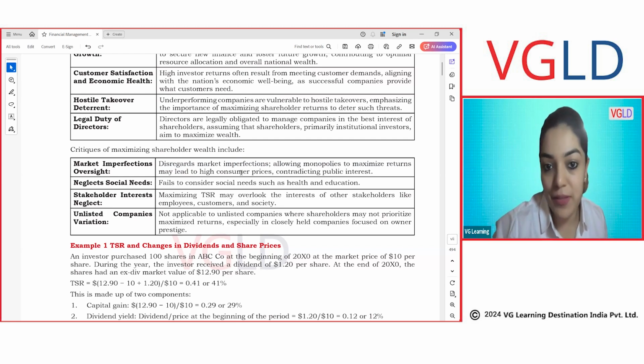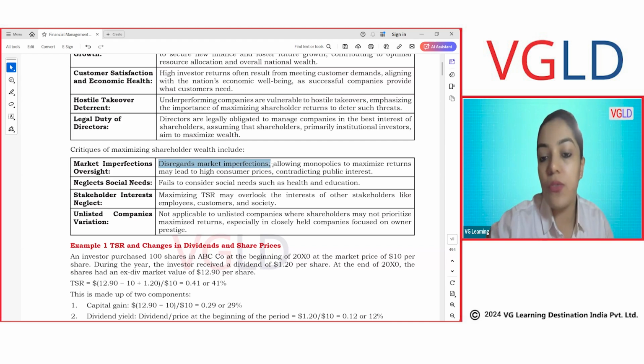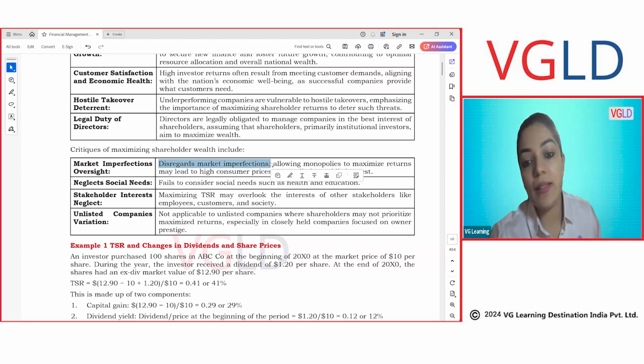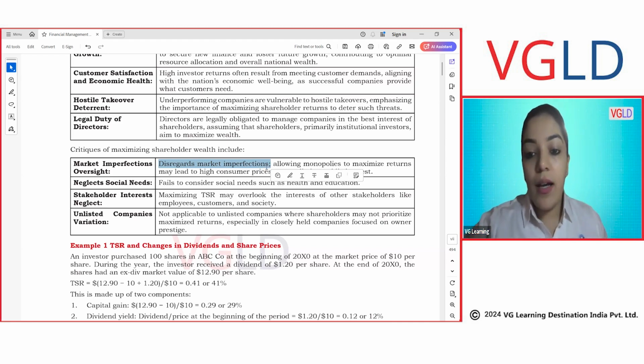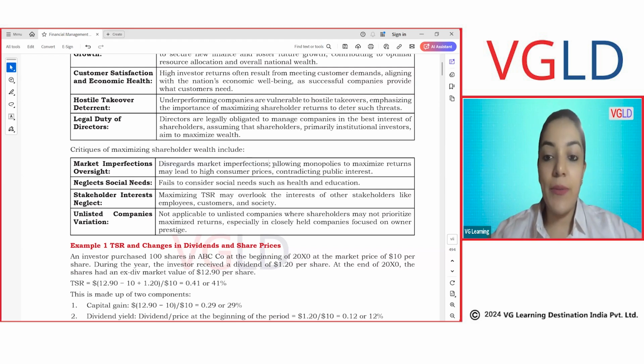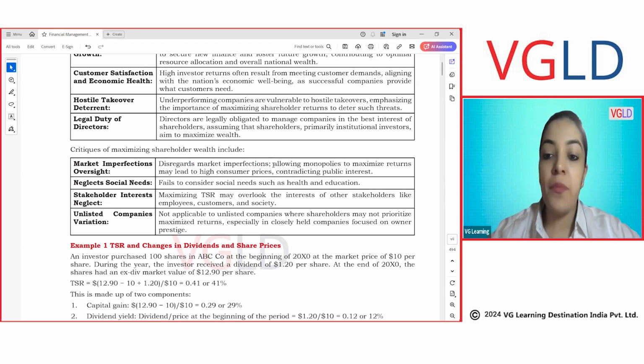The industry is competitive and all of that. But don't stress on this much. We'll be covering this later in the syllabus. We have a topic on market perfection and imperfections, so we'll do that later. Allowing monopolies. Focus on this line now. Allowing monopolies to maximize returns may lead to higher consumer prices, contradicting public interest.